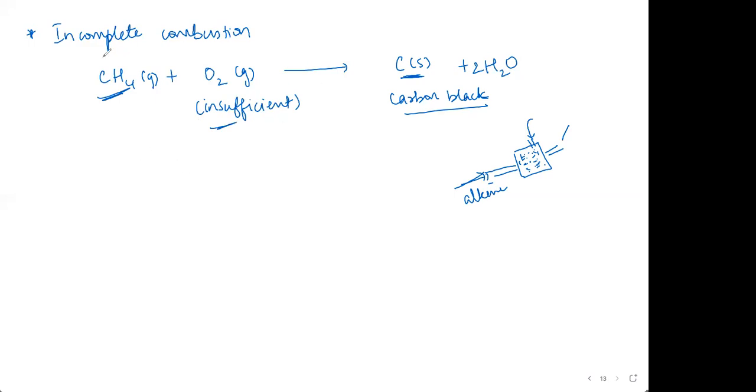Let me compare it. Suppose in incomplete combustion, methane and oxygen are in 1:1 ratio. If you want complete combustion, let's see what the ratio is. Single carbon, this will be 2. 2 plus 2, 4, this will be 2. So 1:2.